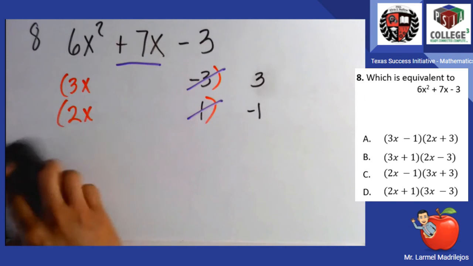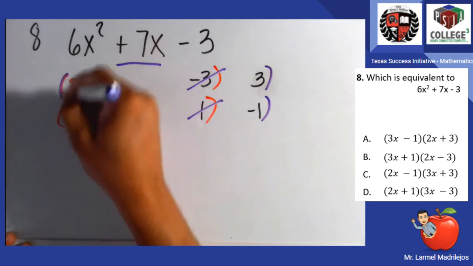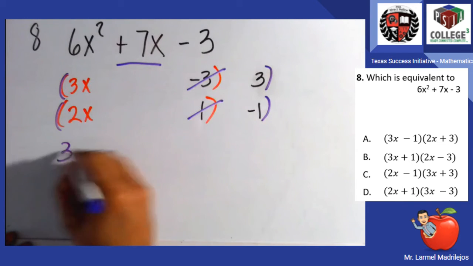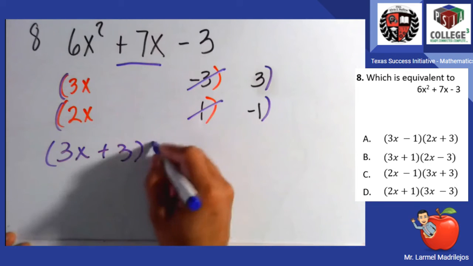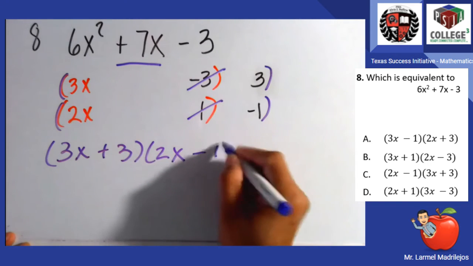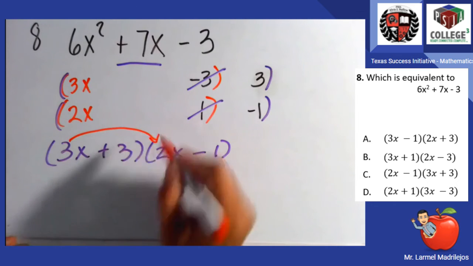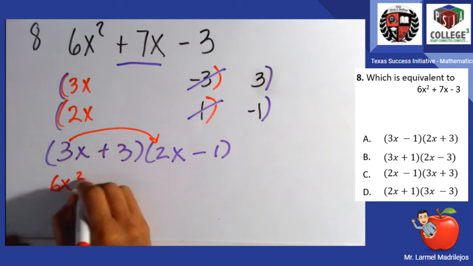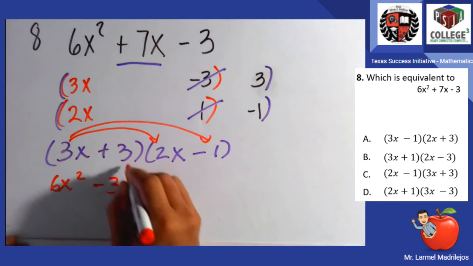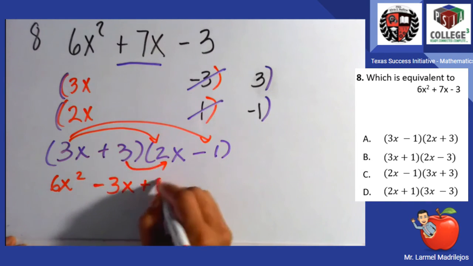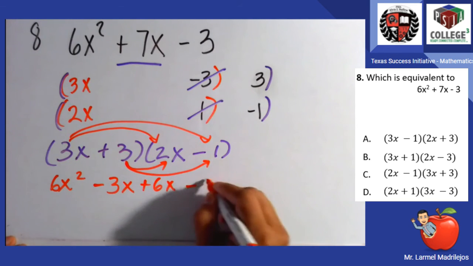Okay. Let's look at the other one here. This and this. Let's try 3x plus 3 and 2x minus 1. If I distribute 3x to 2x, it's going to be 6x squared. 3x to negative 1 is negative 3x. 3 times 2x is positive 6x. And 3 times negative 1 is negative 3.